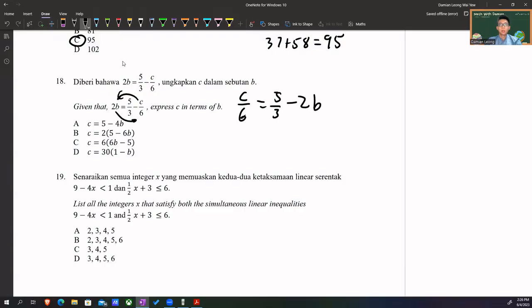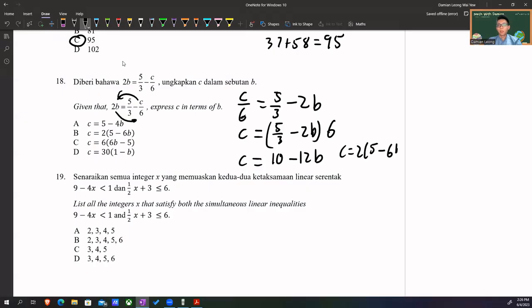Okay. So bring over the 6. I times 6. Make sure you times each of the terms. So times here will be 10. Times here will be 12b. But here is a factorized form. So take out the common factor, which is 2. So would be 5 minus 6b. So c equals 2 bracket 5 minus 6b. Answer B.